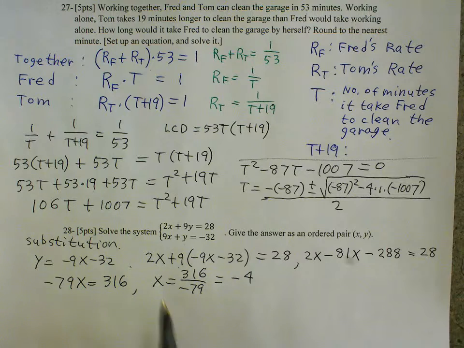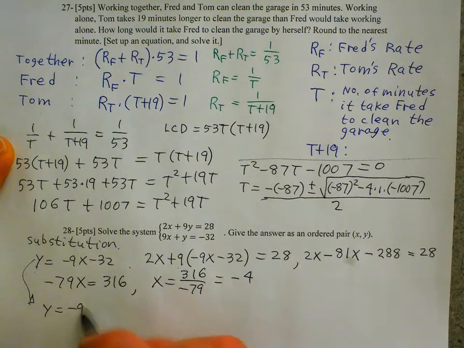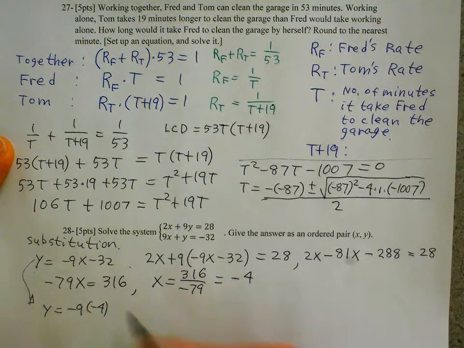Okay, so if x is negative 4, we can also use substitution to find y. So y equals negative 9 times negative 4 minus 32.